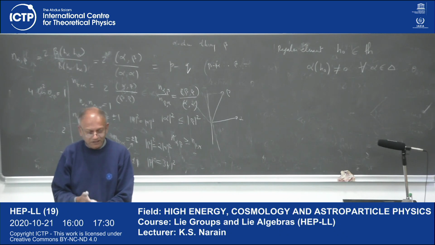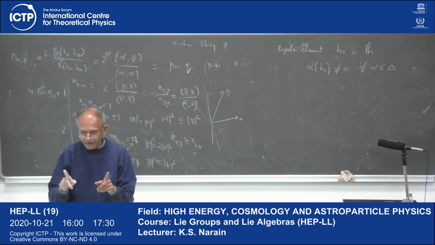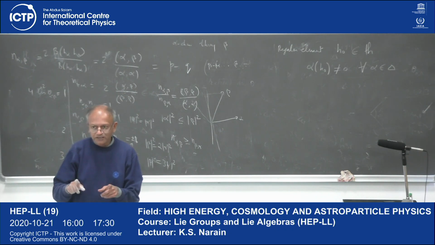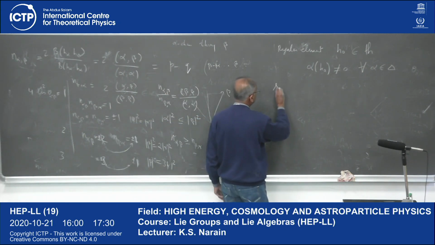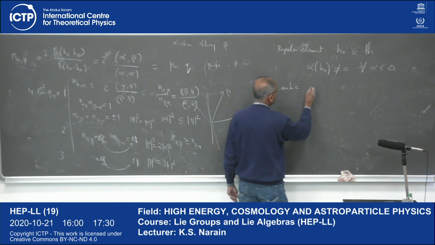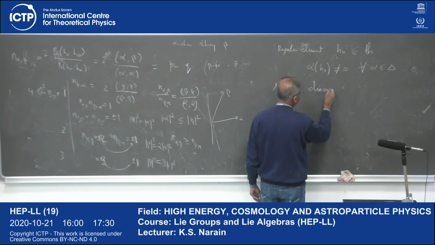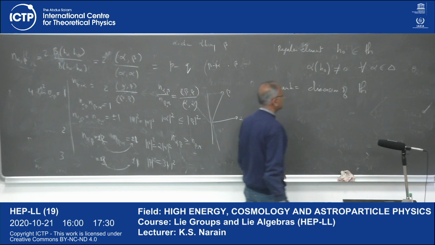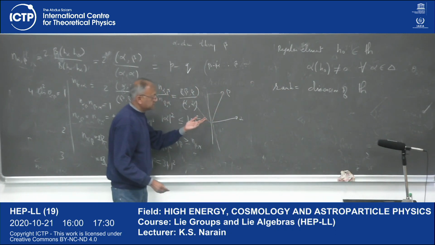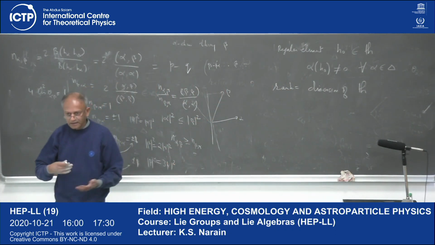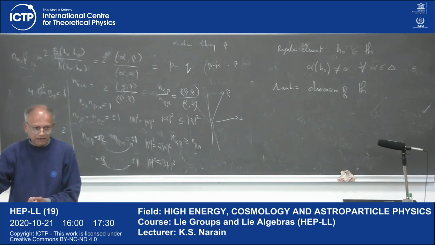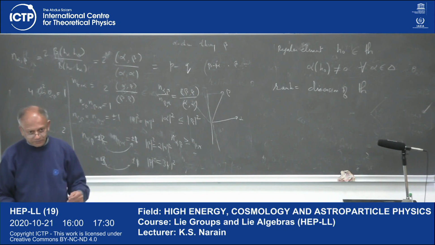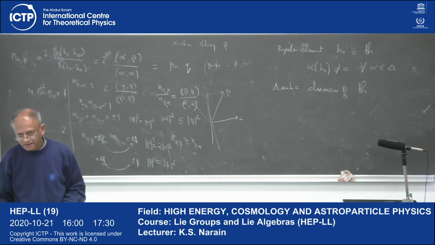Rank is the dimension of the Cartan subalgebra. Because the Cartan subalgebra is mutually commuting, every other element of the Cartan subalgebra will have 0 eigenvalue with respect to H naught, including itself.